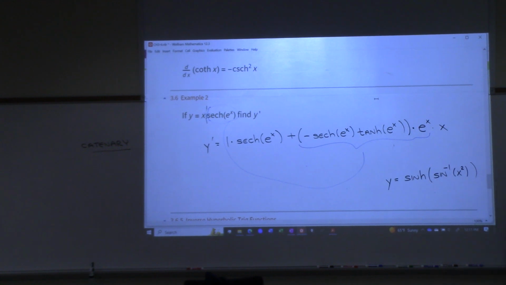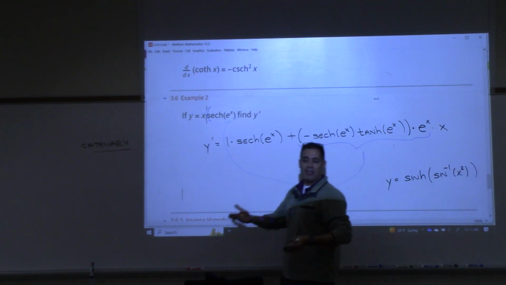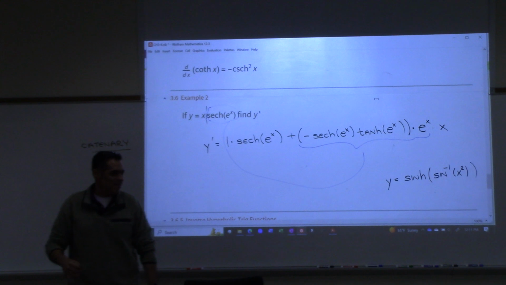That's a chain, isn't it? So you start with the outer one, which derivative of sine hyperbolic would be cosine hyperbolic of this, times, now you need to take the derivative of this, but now we're in last class, right? So you're doing a derivative of inverse. Okay, I'm not going to do it. I'm imagining a problem. That's the way I make tests. I just imagine a problem.